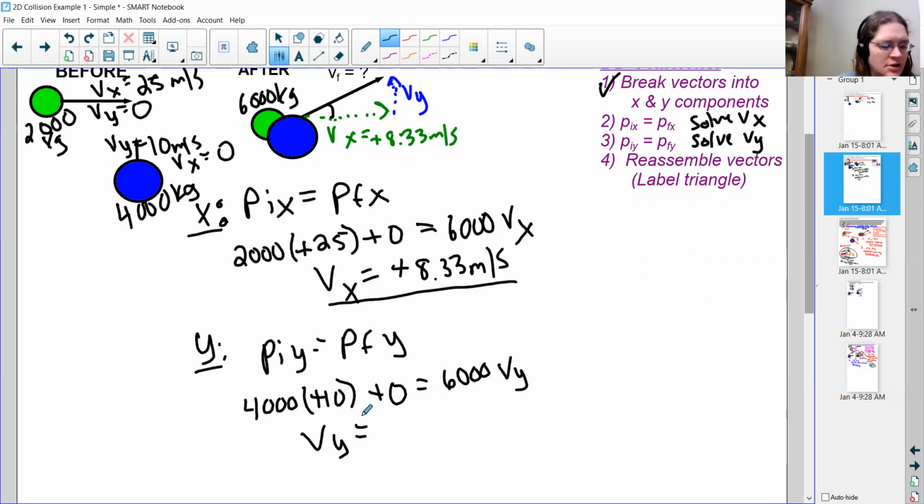Punching it in my calculator now. And I get here another positive 6.67. We'll round that up.